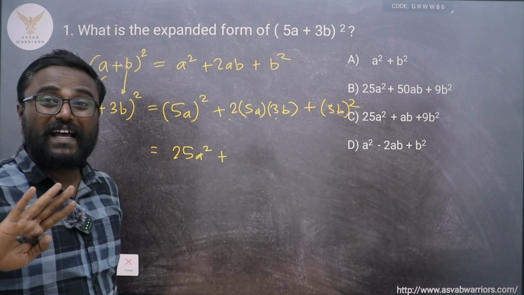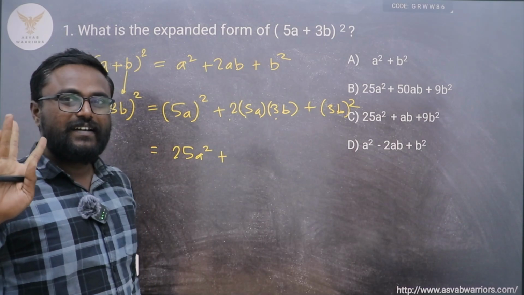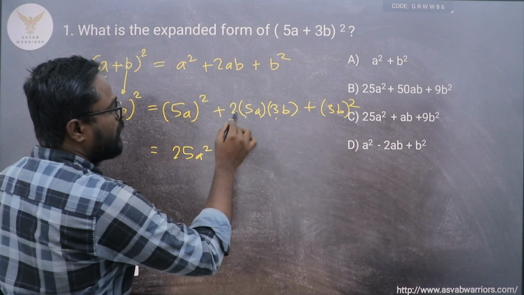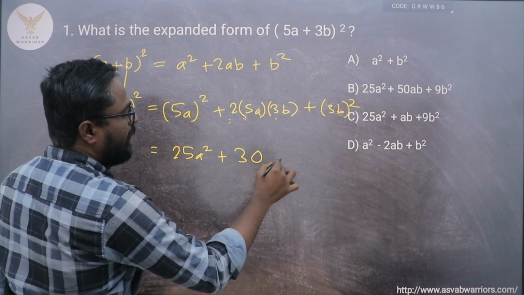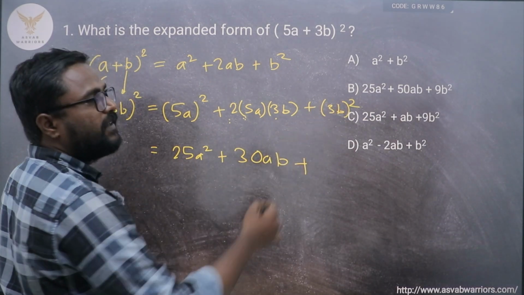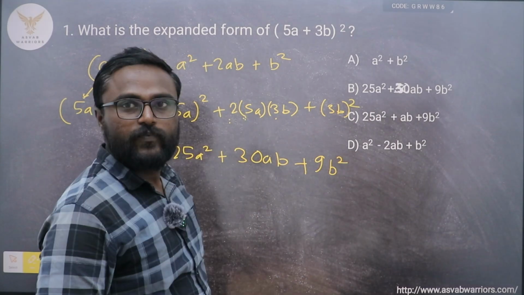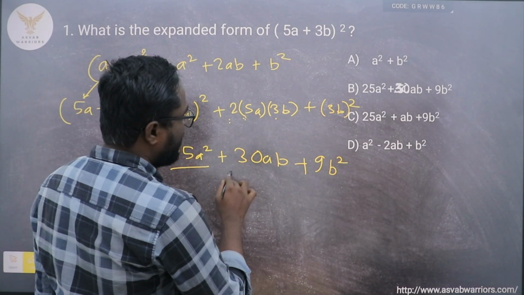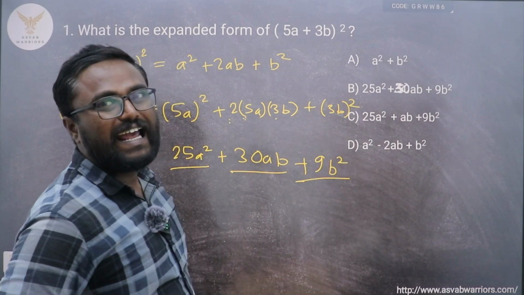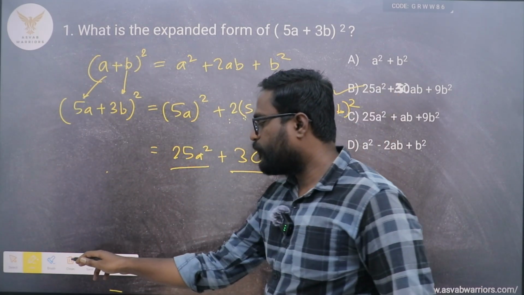Remember, you can multiply or divide like and unlike terms, but you can only add and subtract like terms. 2 times 5 is 10, 10 times 3 is 30, ab, plus 3² b², which is 9b². So the answer is 25a² + 30ab + 9b², which is option B. I hope you understood it.